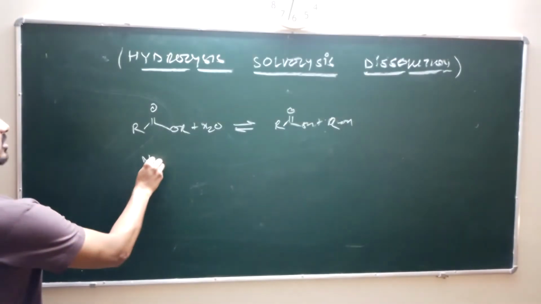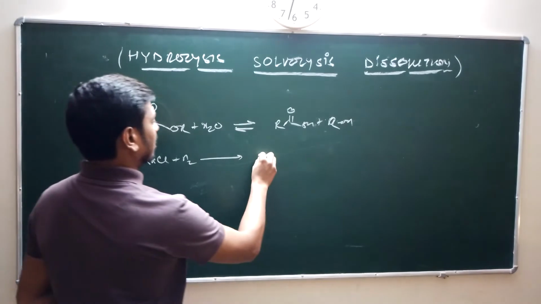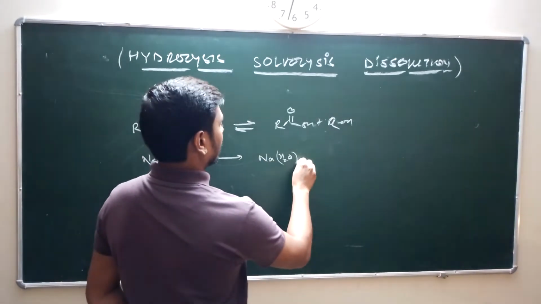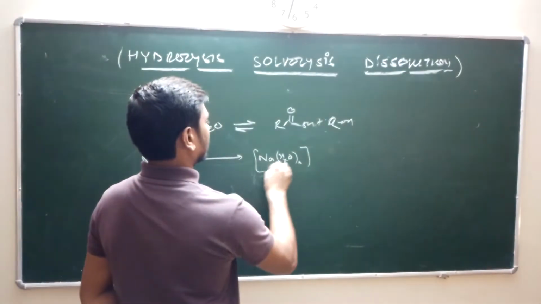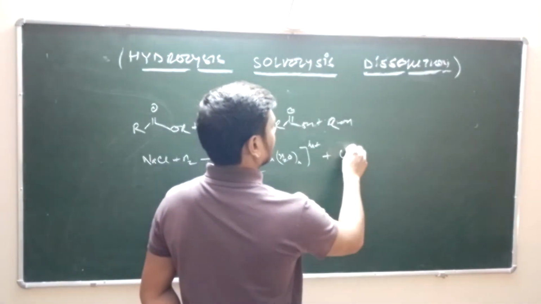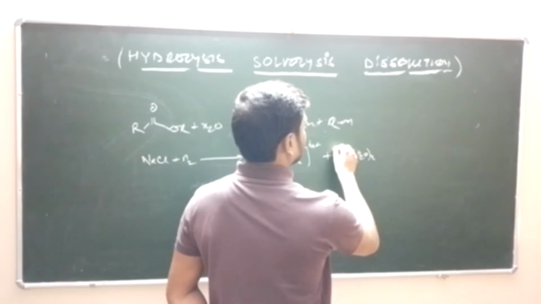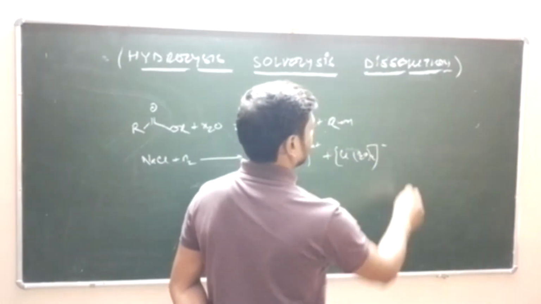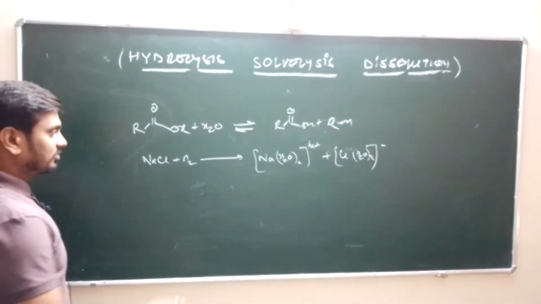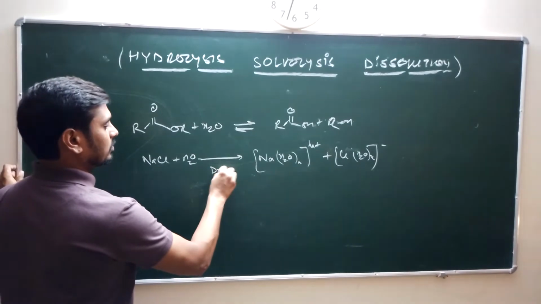And I am writing NaCl plus water, the process happening: Na(H2O)n plus and Cl(H2O)x minus. Better write it here like this. Now this process up to here, you can simply say is dissolution.